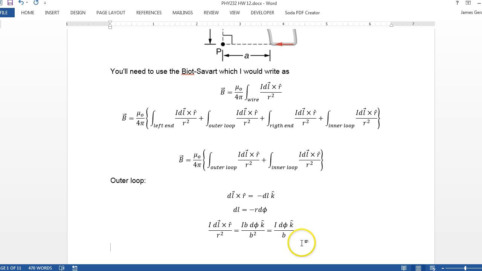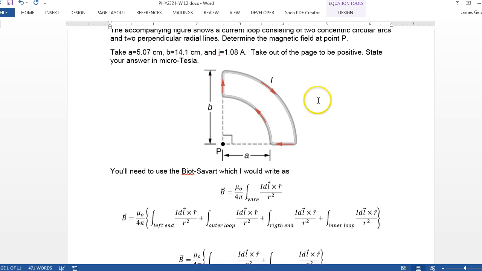Let's just go ahead and do that integral. We're integrating from where to where? From out here to there.